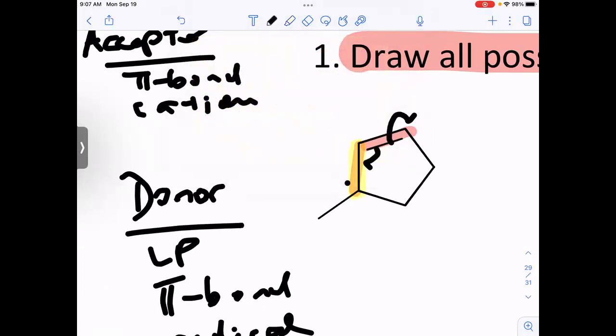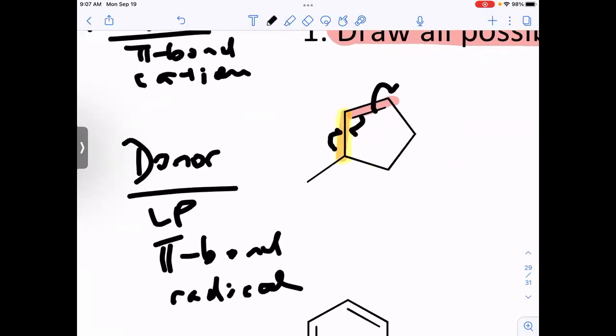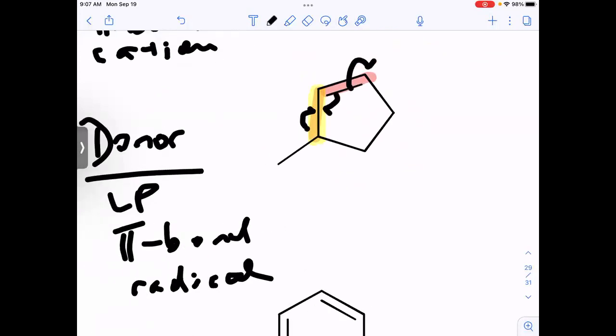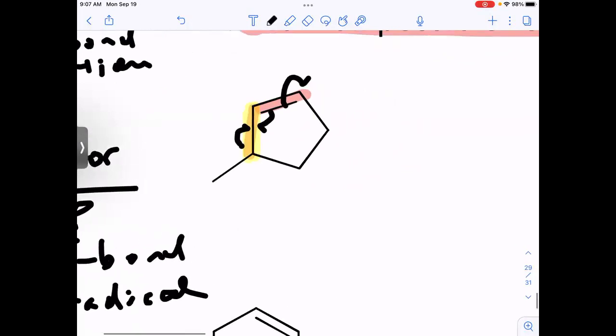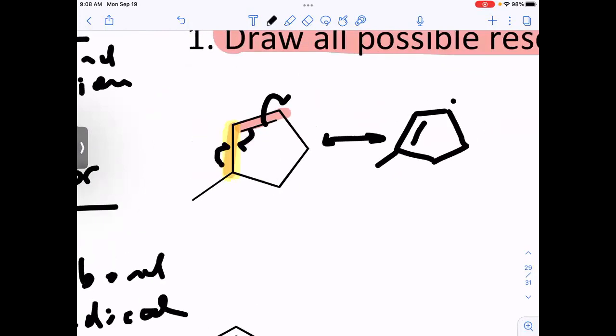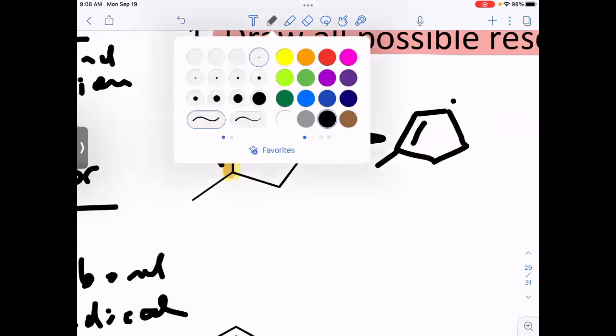And then we'll move this radical here, that 1 electron there, to show what we're actually doing, which is shifting the double bond to that position. And then we'll have a single unpaired electron on the other carbon of that allylic system. So let me draw it. Now your double bond is here, and then your radical is here. If that makes sense, right?